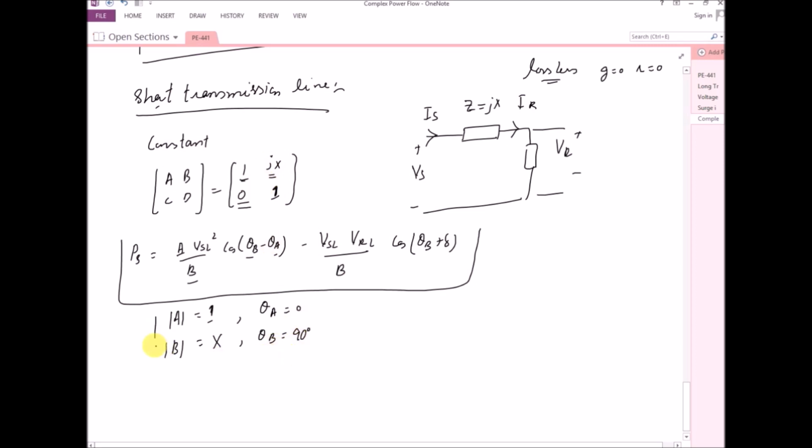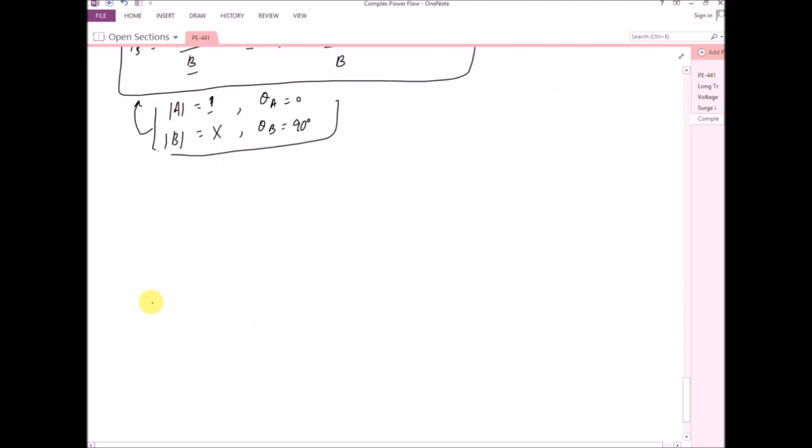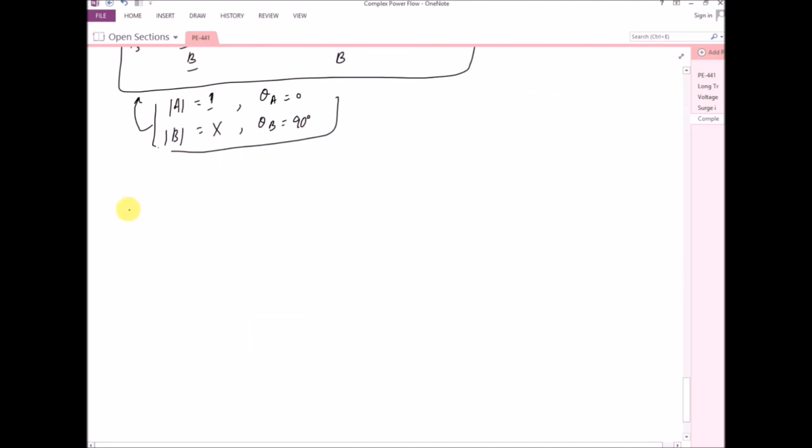Now I'll replace these two values in the power equation. So it will become PS is equal to VSL squared over X cos(90 minus 0 degree) minus VSL VRL over X cos(90 plus sigma).